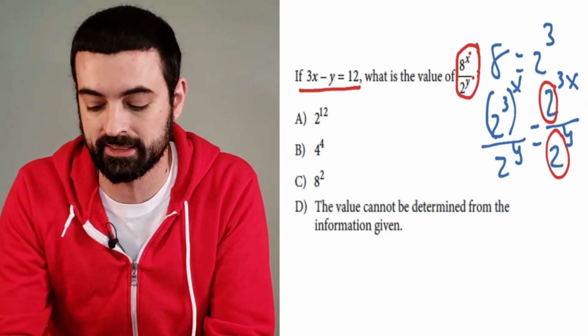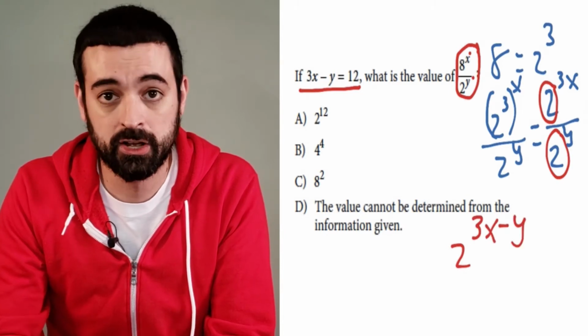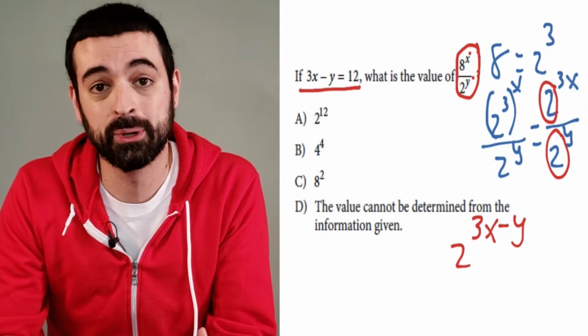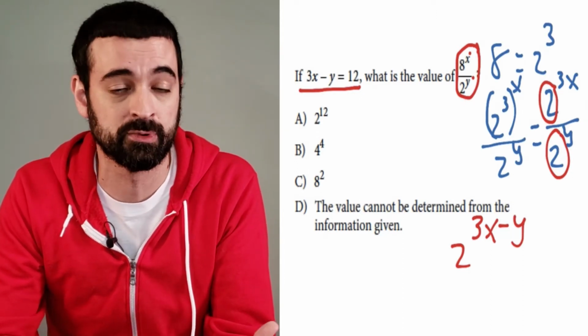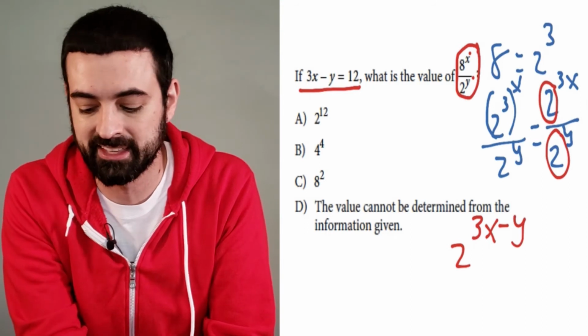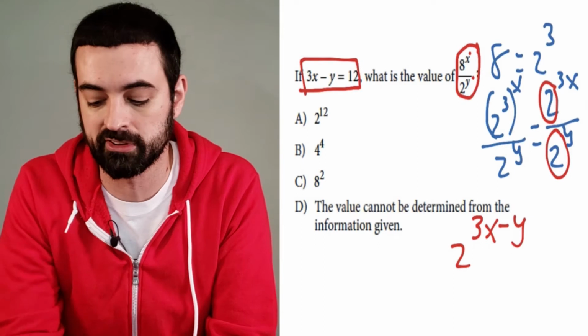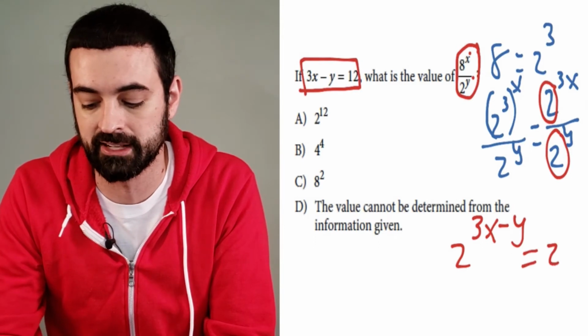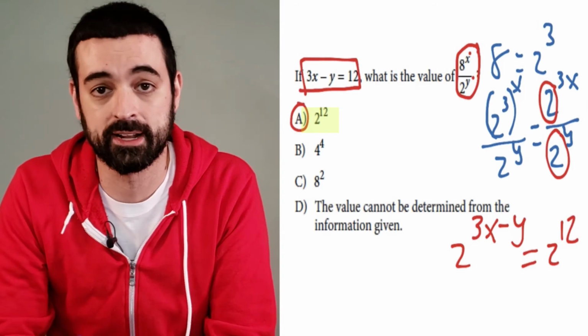We can rewrite this as 2 to the 3x minus y. We've still got two variables in play, and if this were just a regular algebra question, we might have to do some other solving. But let's think back to what they told us. 3x minus y equals 12. We can rewrite this as 2 to the 12th. That's our answer.